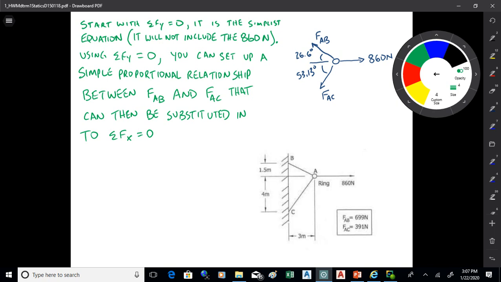So that's the cleanest approach I could take. You're doing basically a matrix kind of solution here. You can approach it that way, but I would just approach it as a substitution in multiple equations and unknowns is how I would do that. All right, so I'm going to start with sum of Fy equals 0, and that will allow me to relate AB to AC directly. Okay.